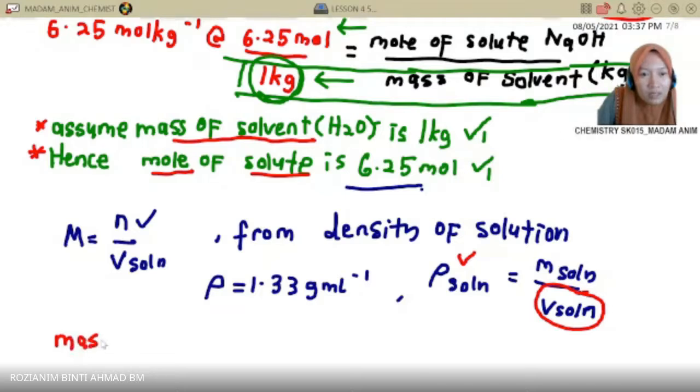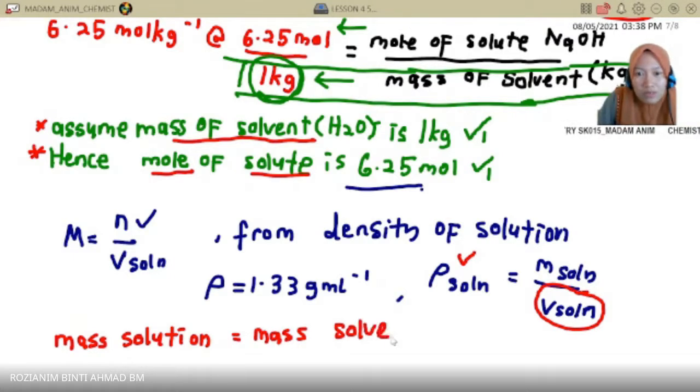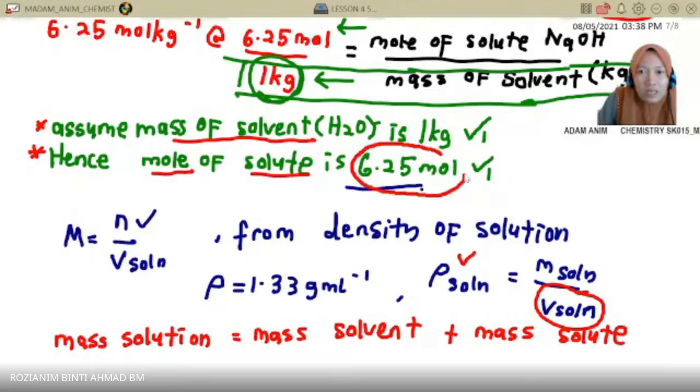Mass solution adalah combination between ataupun the addition between mass of solvent plus mass of solute. Okay, nak buat apa dulu sekarang? You must convert the mole of solute here into the mass of solute. So, carikan dia nilai mass dia. Dapat dekat sini, guys?